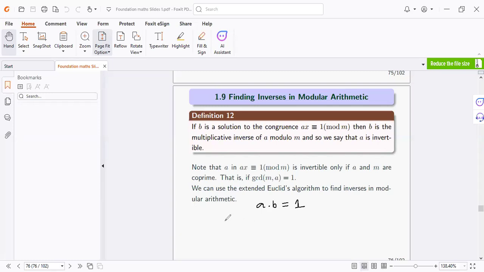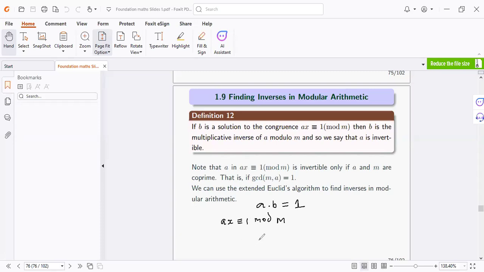So if I'm given an equation, AX is congruent to 1 mod M, here it means that these two are inverses of each other. A is the inverse of X, and X is the inverse of A. That is why we say that their product gives us 1.